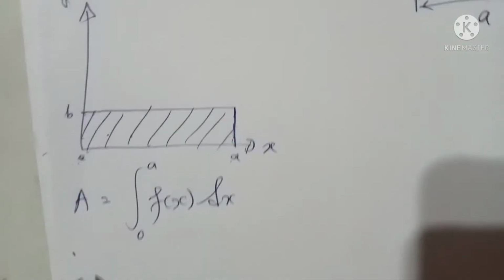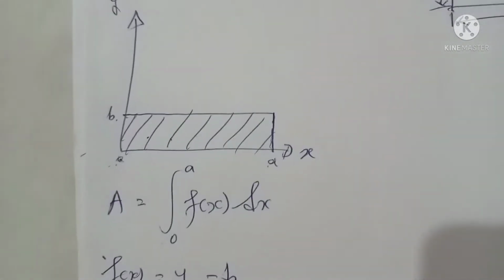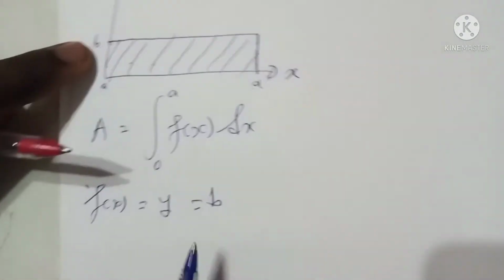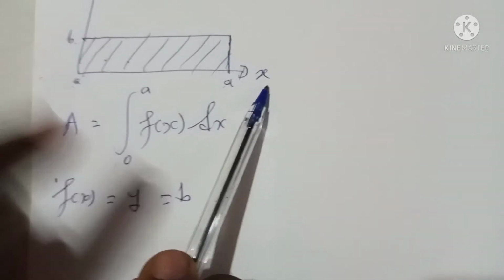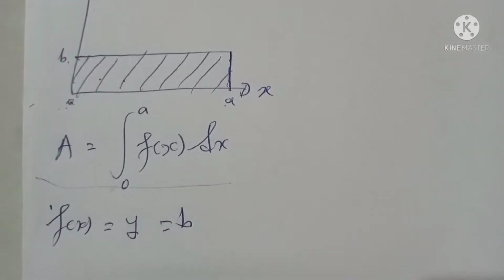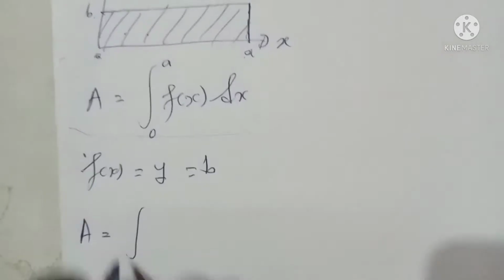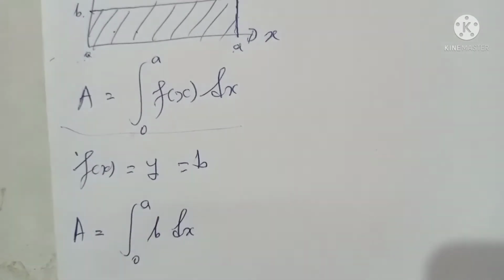But now, what is f of x? F of x is equal to y, which is equal to b. So you see that the function here is independent of the variable x. Now we replace it in our formula to get the area. Area is equal to the integral from 0 to a of b dx.